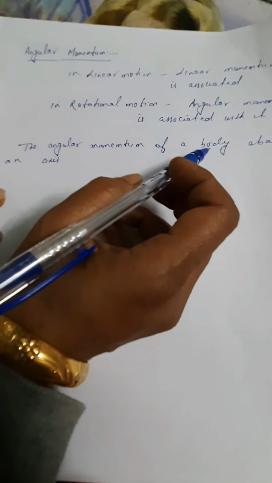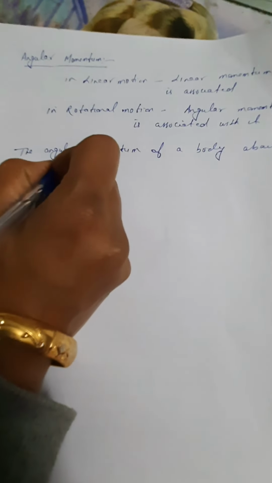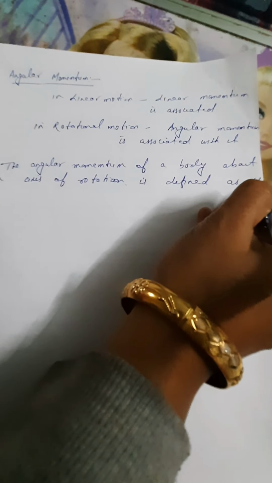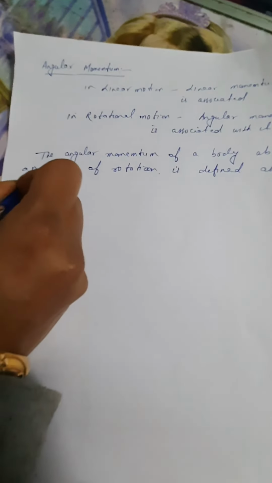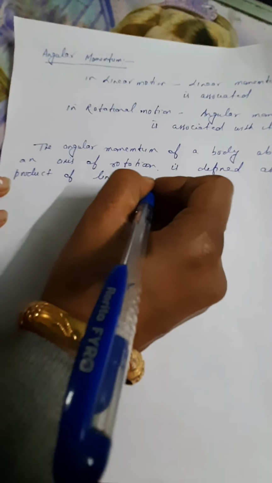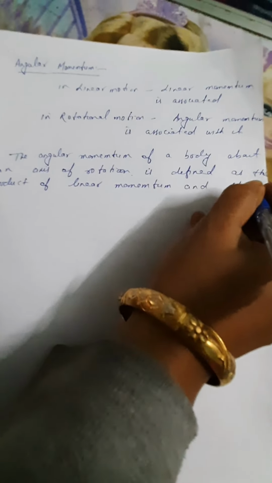So we will take angular momentum of a body about an axis of rotation, which is defined as the product of linear momentum and the perpendicular distance.